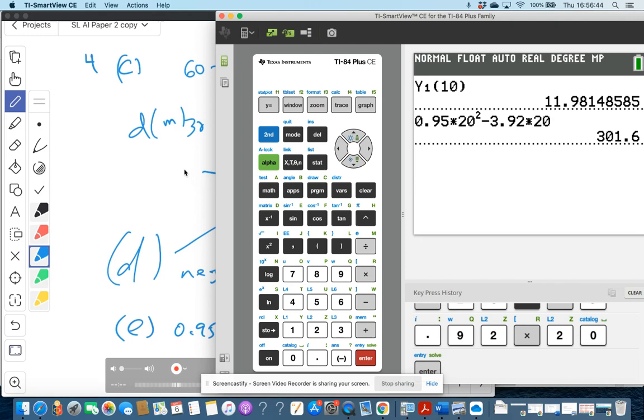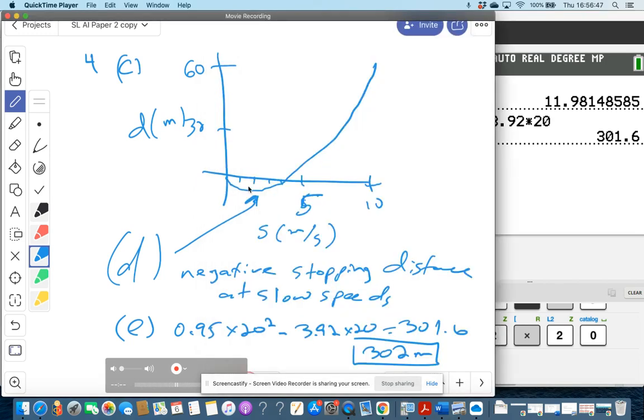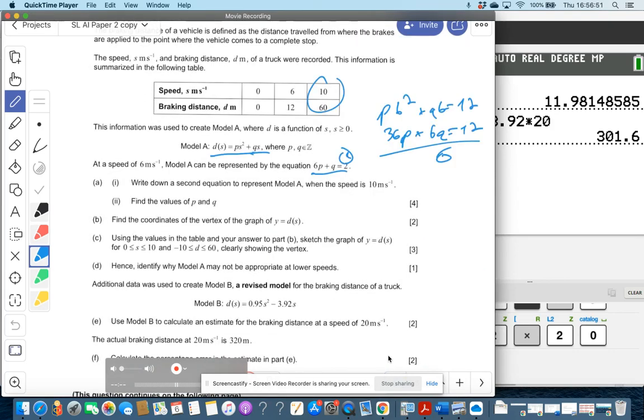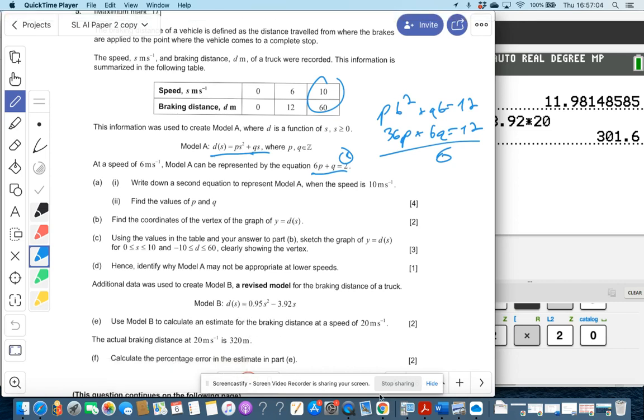Okay, the exact answer is important because question F, they ask us for percentage error. So we are given the exact braking distance. The model only gave us an estimate of the braking distance.